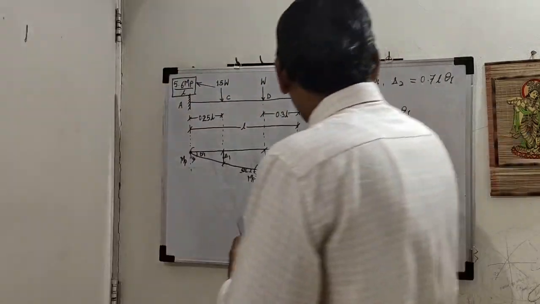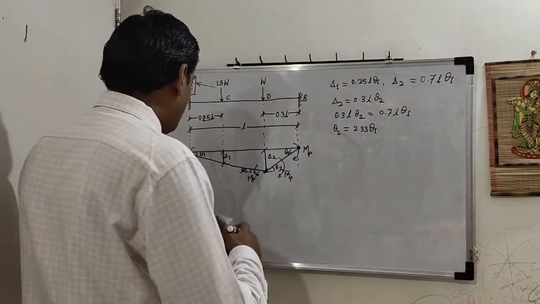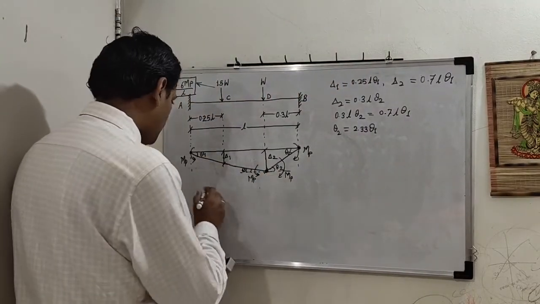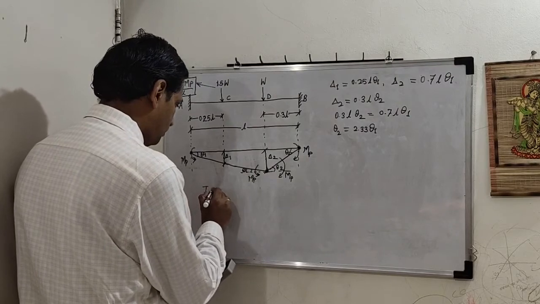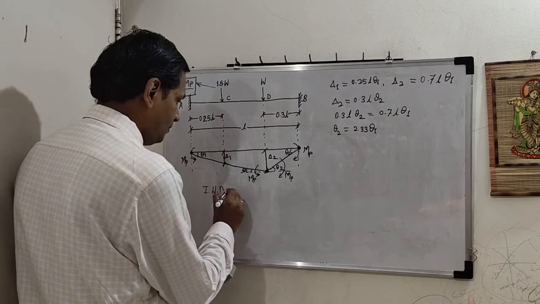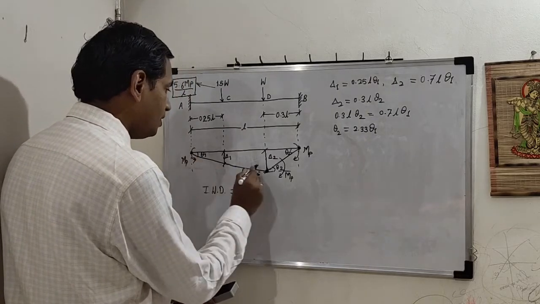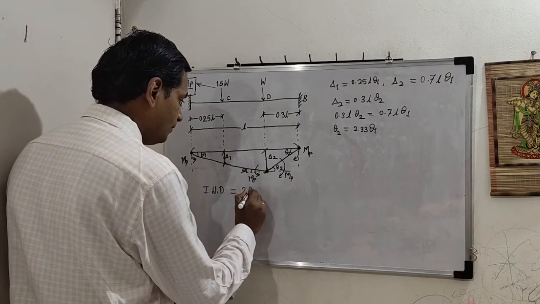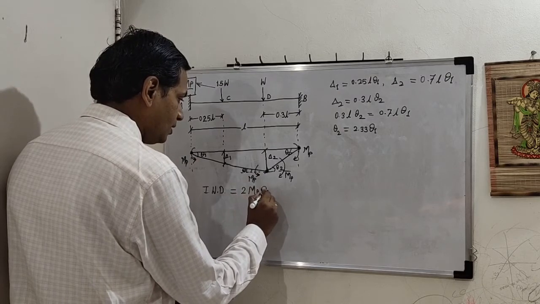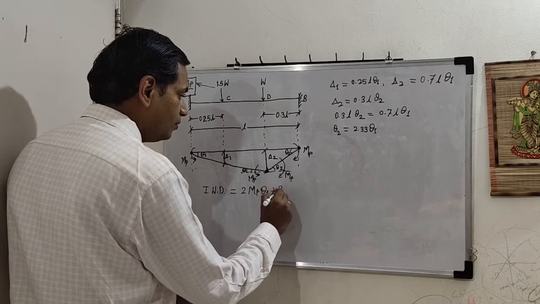So now we will go for internal work done. Internal work done is equal to MP theta 1 2 times, and MP theta 2 2 times.